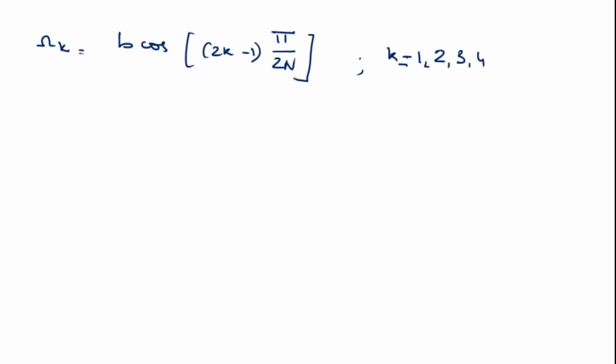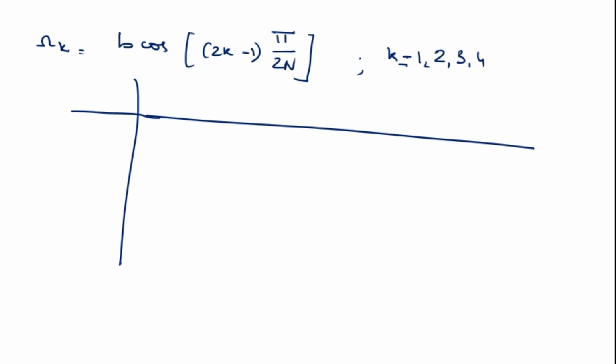So for different values of k, k equal to 1, 2, 3, 4, we have to calculate sigma k, we have to calculate Omega k, and we have to write sk.